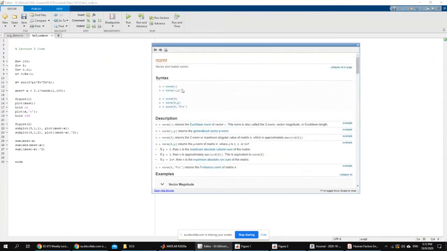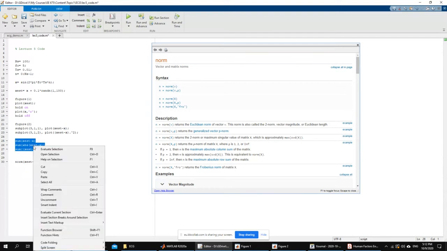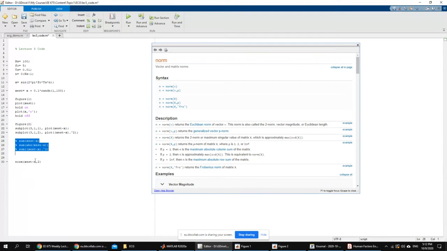It's right there. So I can compute the same exact value, instead of saying sum of this minus this and so on, or taking the square root after that, I can just compute the norm. If I compute the norm of x estimate minus x, and 2, it will give me the 2 norm.